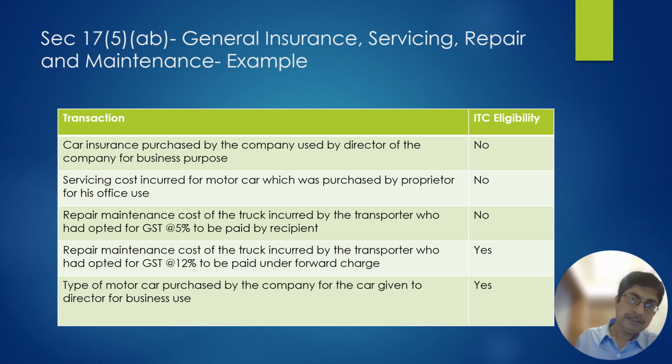See what it says: a tire of a motor car purchased by the company, where that motor car is used by the directors for business purpose. What is not allowed is general insurance, servicing, repair, maintenance under section 17(5)(ab). Tires are goods. This clause covers only services. Therefore, the GST credit is available on tire purchases.